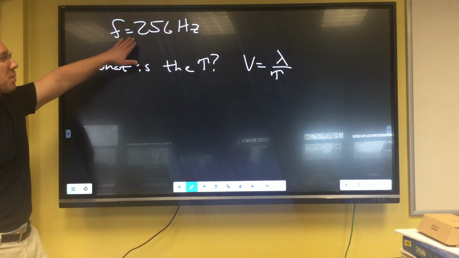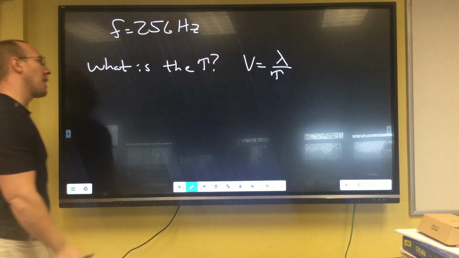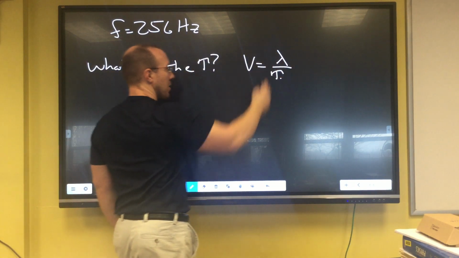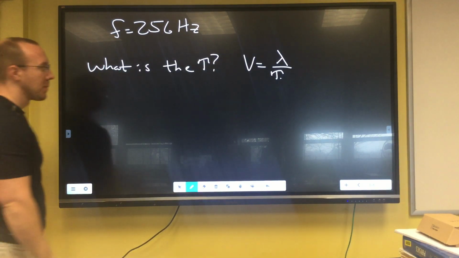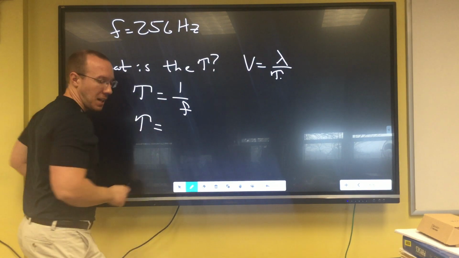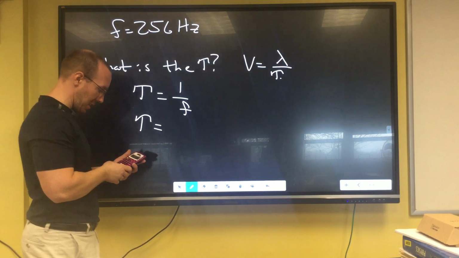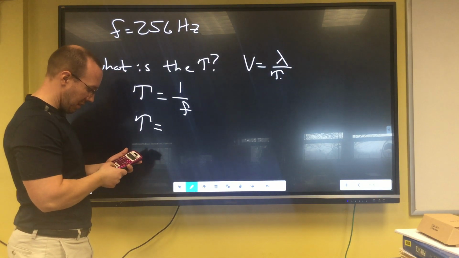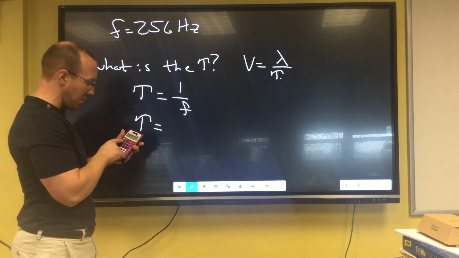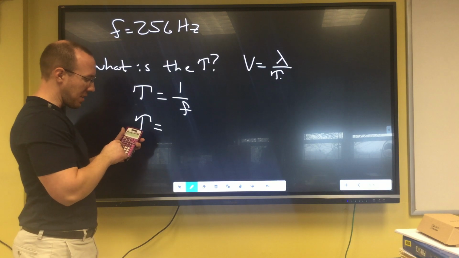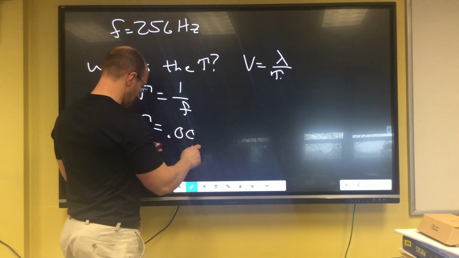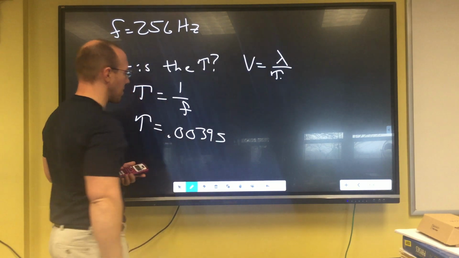As long as we know what the frequency is, we could just figure it out that way. And then maybe we'd have to take that and plug it in here to find our velocity. But anyway, the period is equal to 1 over the frequency. And the nice thing is on the calculator, all you have to do is type in 256, and it's an inverse, it's a flip. So there's an x to the -1 button. It's normally over here above 7. It has the EE above it, which I use all the time, and it flips it for us, and we get 0.0039, and it'd be seconds.